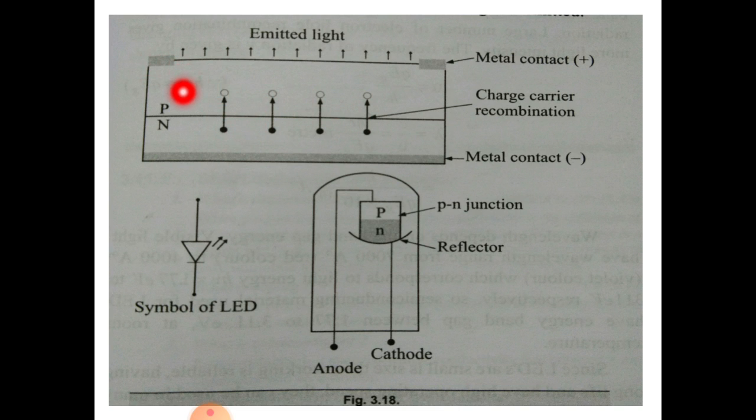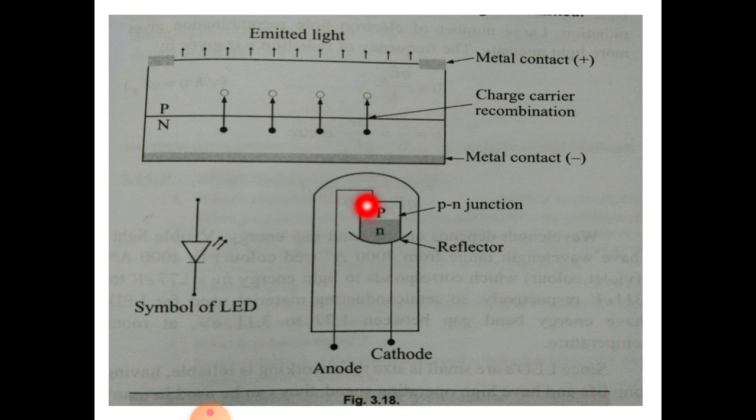On this P type region, the metal contact is very small. We can see only corner portions are covered with metal contact and the central portion is exposed for light emission.